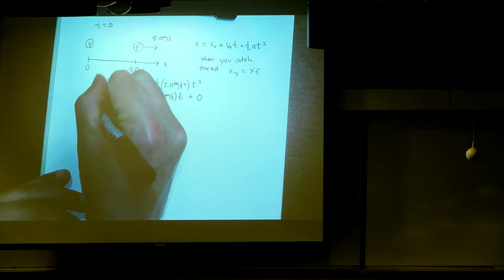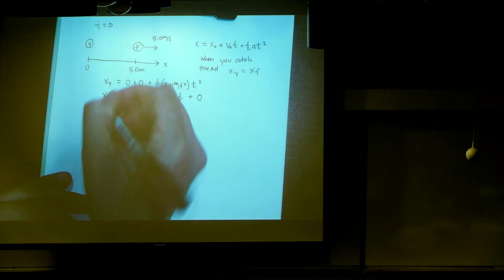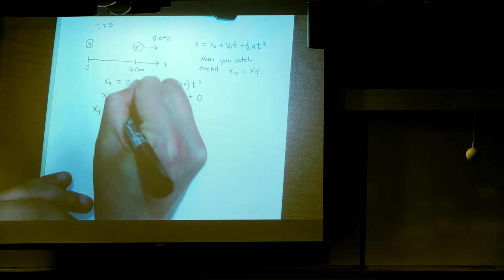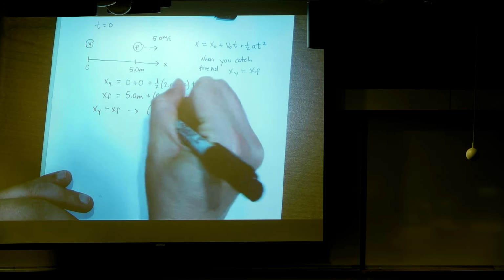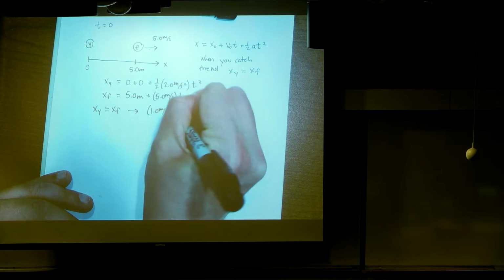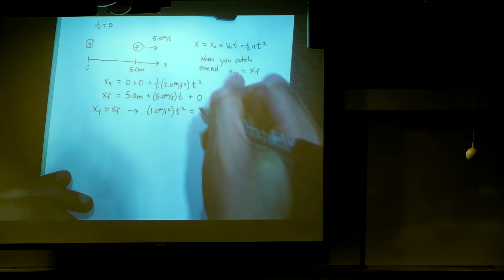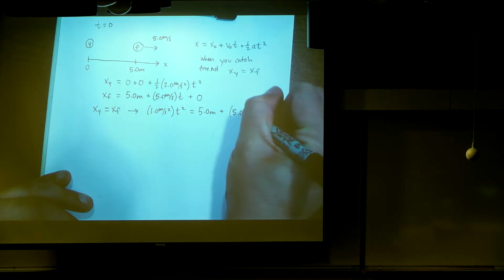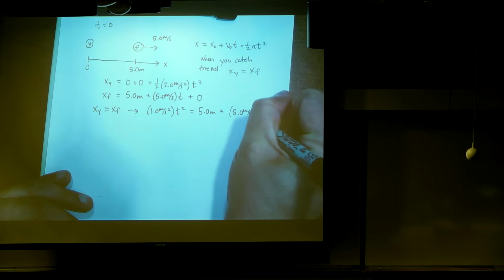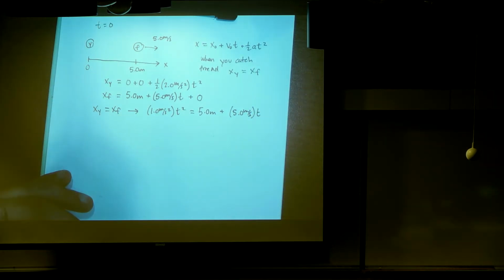All right, but here, first things first, xi equals xf, meaning a half times 2 is just 1. Just write it as 1 meter per second squared, t squared equals 5 meters plus 5 meters per second times t. That's not in the standard form for a quadratic, right? What should I do? So make it something where I can apply the quadratic formula to it.